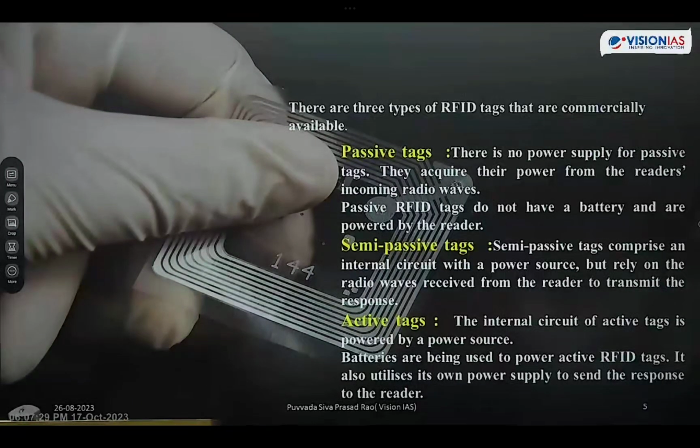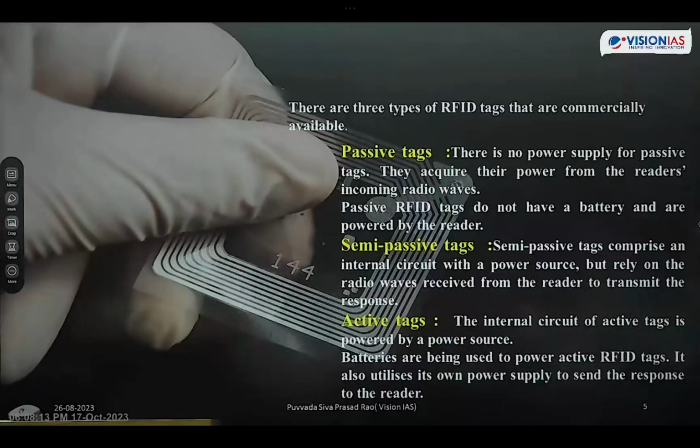Next one is active tags. The internal circuit of these tags is powered by a power source. Okay? The next one is semi-passive tags.